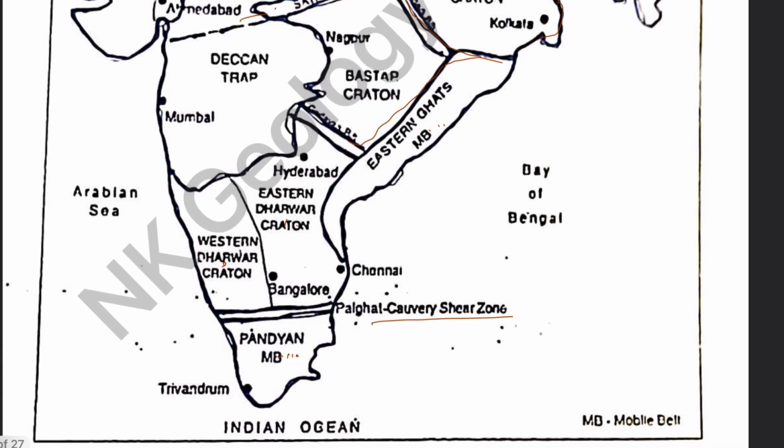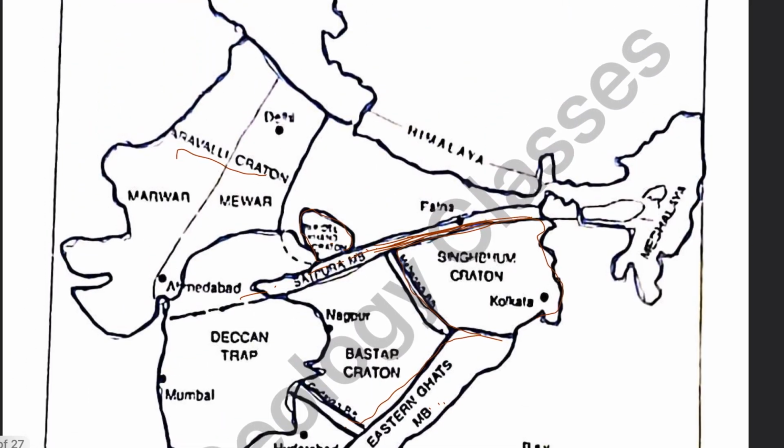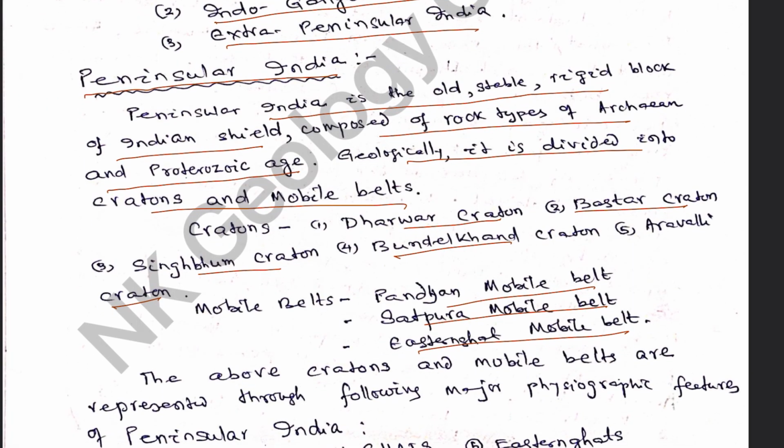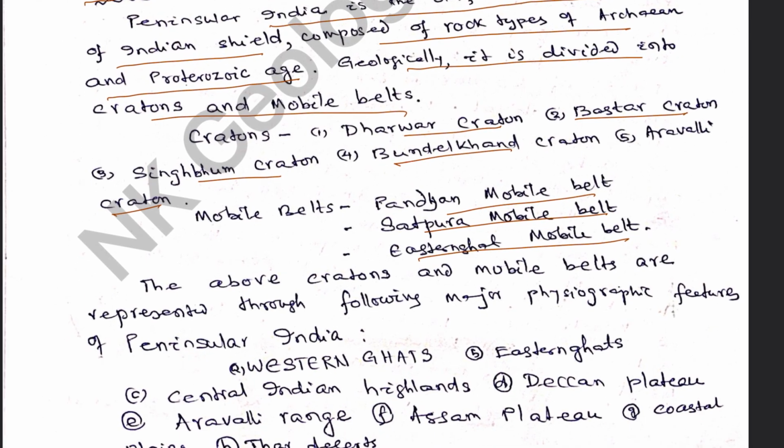So these are the cratons and mobile belts of India, and they mostly cover the entire peninsular India.